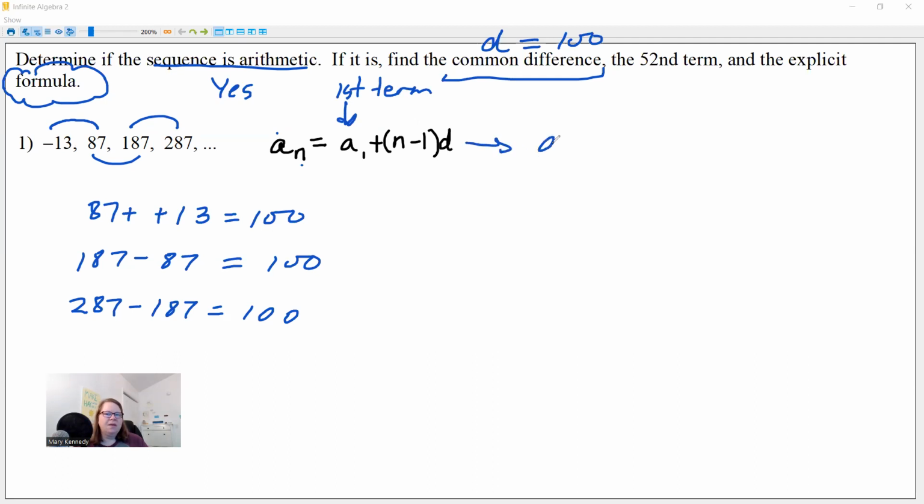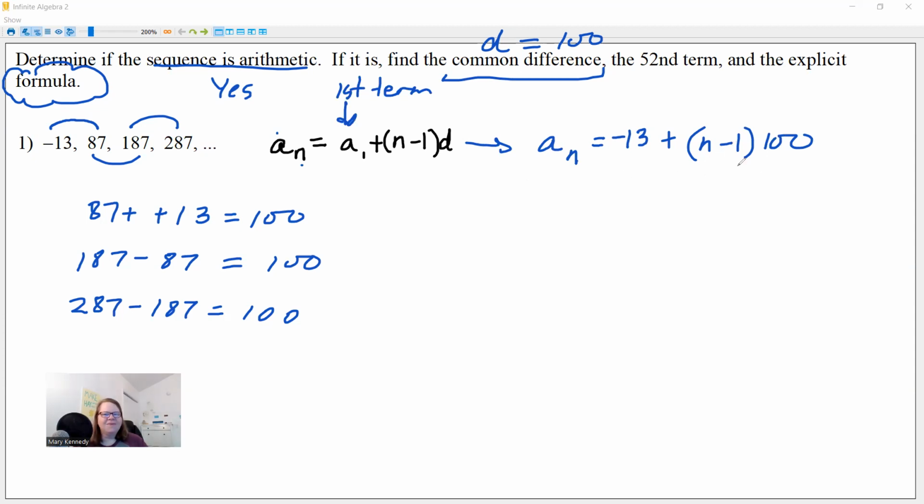So I am going to have a sub n equals negative 13 plus n minus 1 times d. We just found d. D's 100. Okay. All right. So we're almost to the formula. I mean, this is the formula. It's just not simplified.